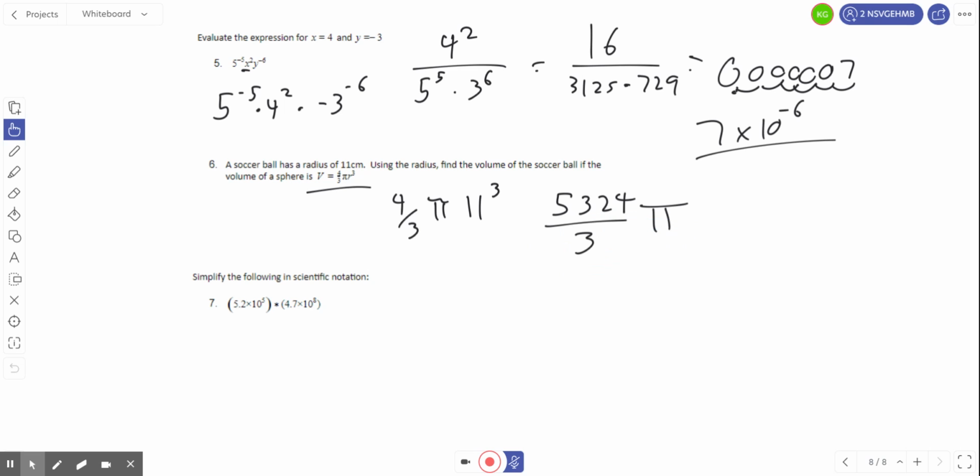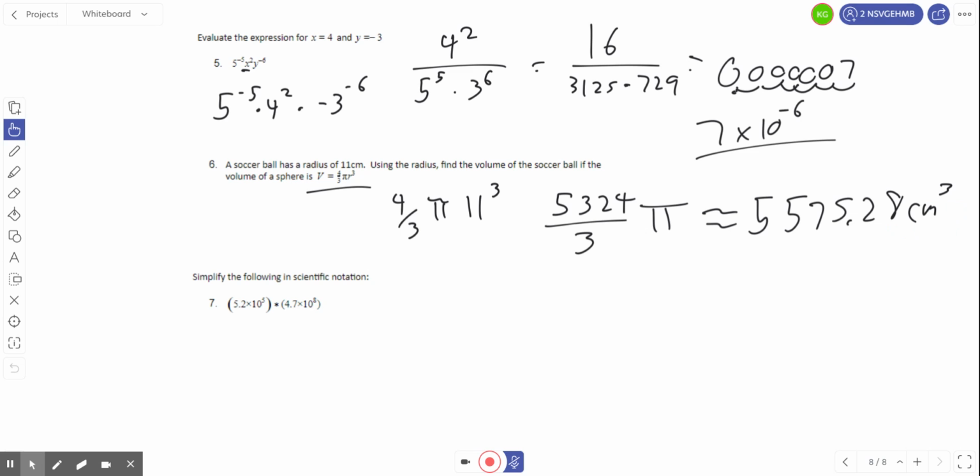So that would be one way to write your answer. Or you could actually multiply that by pi, and you would get an approximate answer of 5,575.28, and we are talking about centimeters cubed.